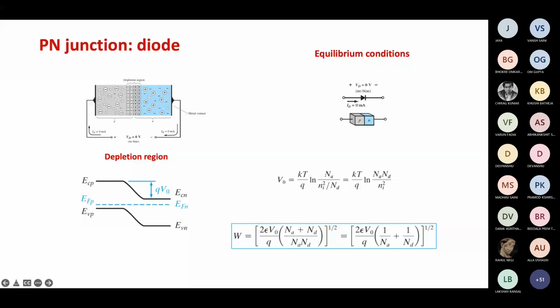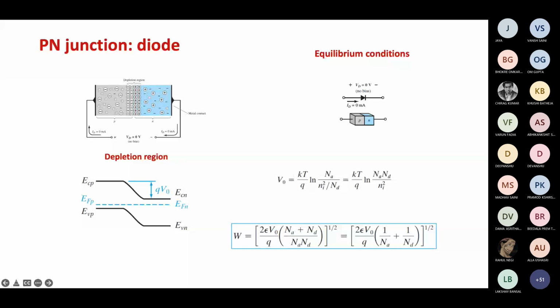On the n side, this is the bottom of the conduction band, and this is the top of the valence band. On the p side, this is the conduction band minimum and the valence band maximum. And this light blue dashed line is the Fermi level of the system.